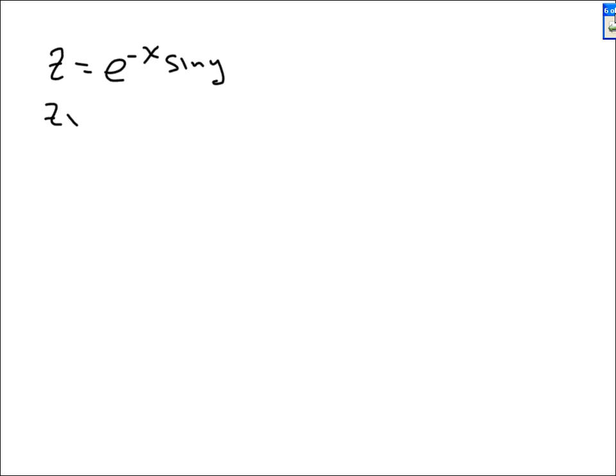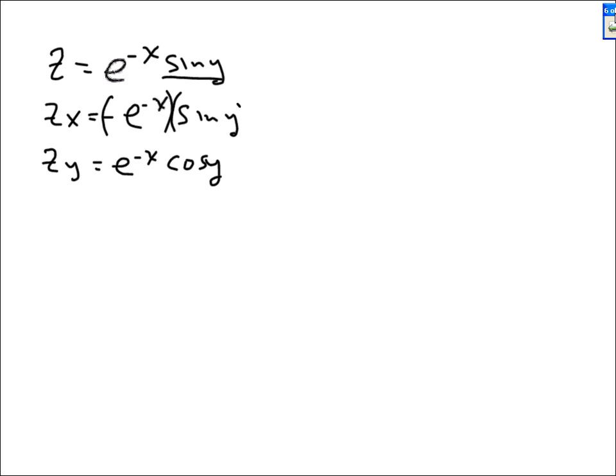Well, then z sub x would be negative e to the negative x times the constant. Z sub y would be the constant times the derivative of the function of y. Now, we have a product here. It's this times that.